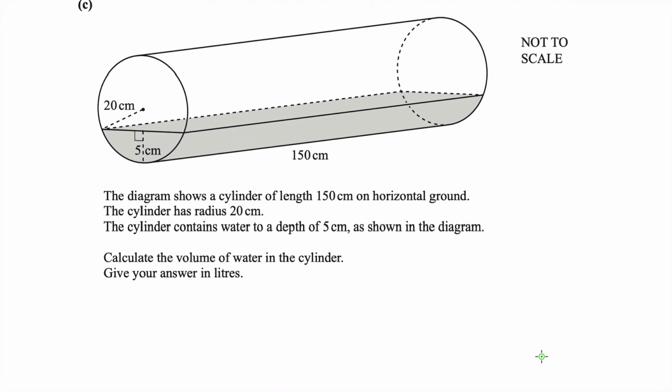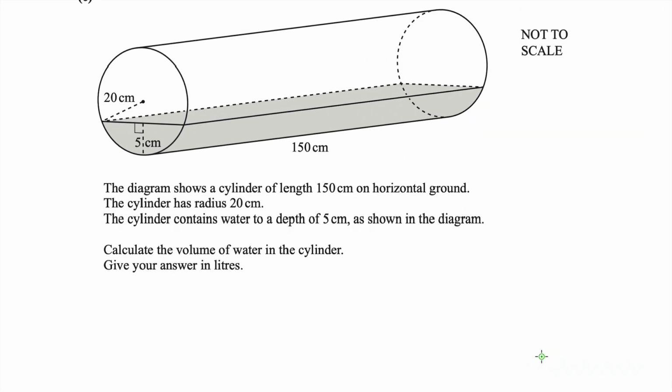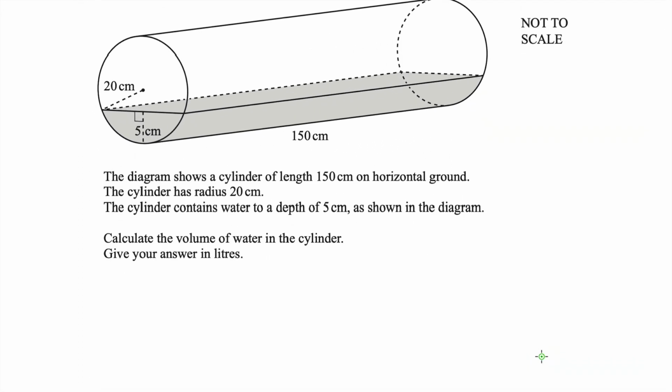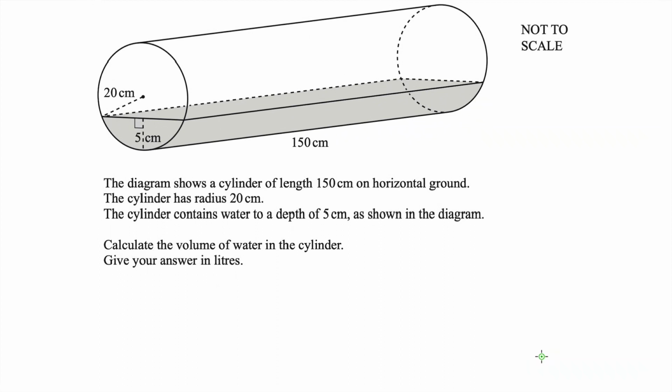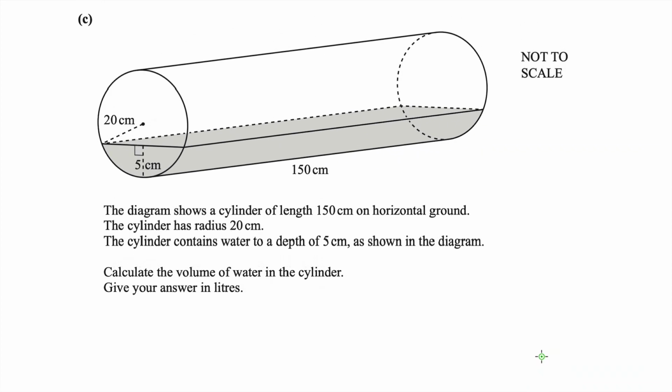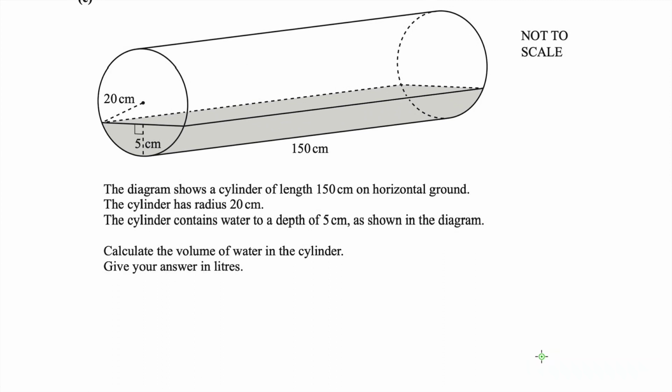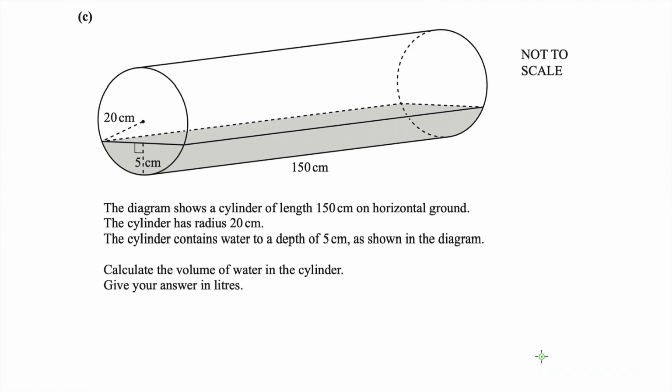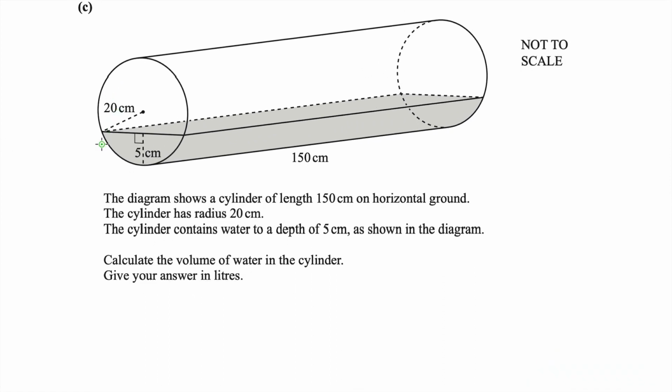Okay, so let us go to part C. The diagram shows a cylinder of length 150 centimeters on a horizontal ground. The cylinder has radius 20 centimeters. The cylinder contains water to a depth of 5 centimeters as shown in the diagram. Calculate the volume of the water in the cylinder. So if you can see, here the shape is constant throughout the length.